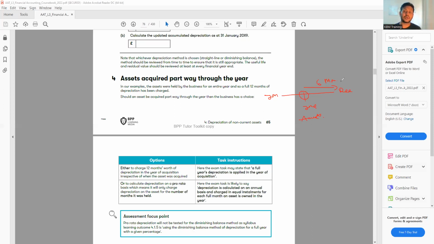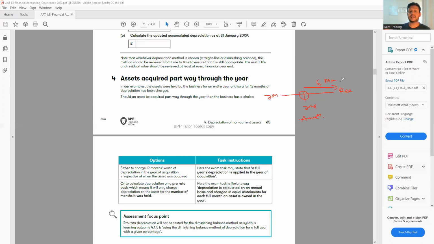Now, sometimes the question can tell you when you buy the machine. It may say that a full year of depreciation will be charged in the year of acquisition, and there will be no depreciation in the year of disposal. That means regardless of when you buy the machine, whether before the year end or in the middle of the year, you still charge depreciation for the full year.